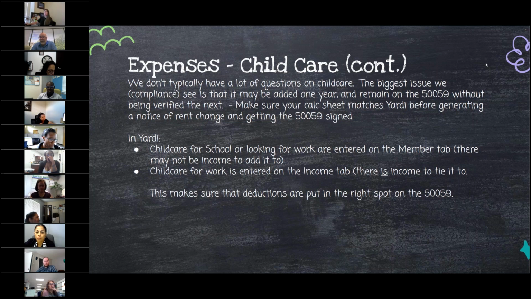The other is on the income tab. If it's childcare enabling a member to work, you would put that on the income itself in Yardi. You'd update the income, and then on that 3rd tab, I think it is, you'd update the childcare expense there. If it's so they can go to school or are looking for work, then that goes on the member tab.